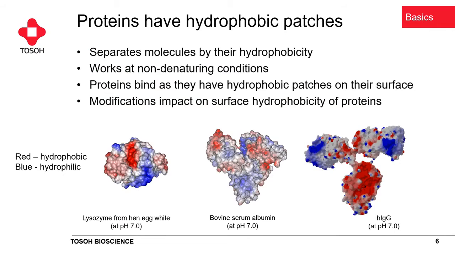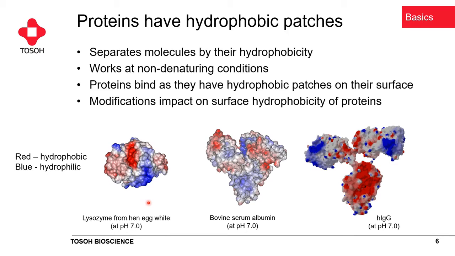So why is it actually possible to separate proteins by hydrophobic interaction chromatography? What we find on proteins is that their surface contains parts that are more hydrophilic and parts that are more hydrophobic.